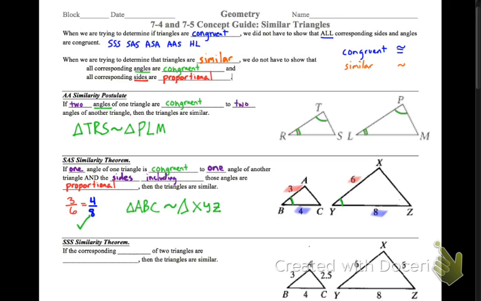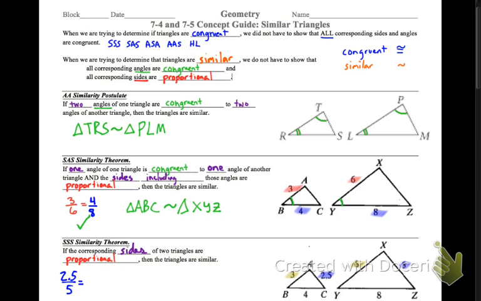All right, so back to this, we got angle angle, we got side angle side for similarity theorem. The third and final one is the SSS similarity theorem. If the corresponding sides, all three of them, of two triangles are proportional, then the triangles are similar. So make sure when you're checking this out that you go smallest to smallest. 2.5 is the smallest of this triangle, 5 is the smallest of this triangle. 2.5 to 5, how does it compare with the next size?